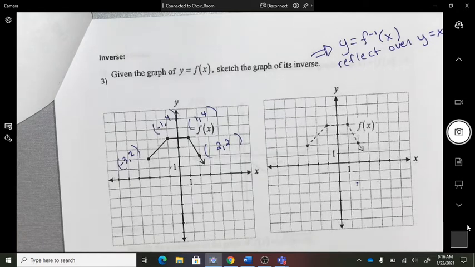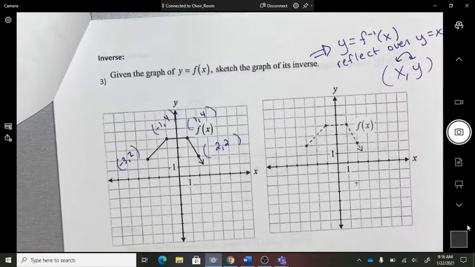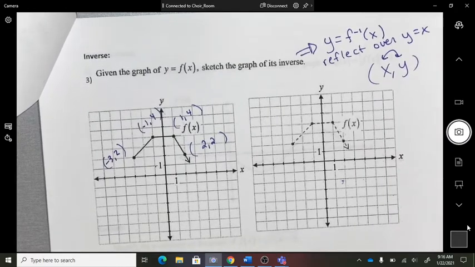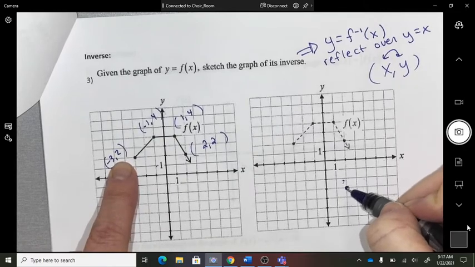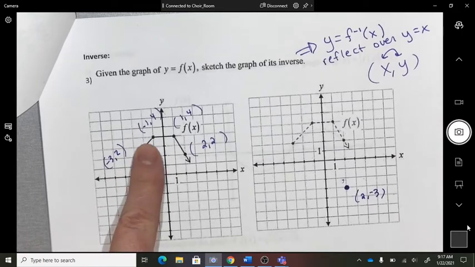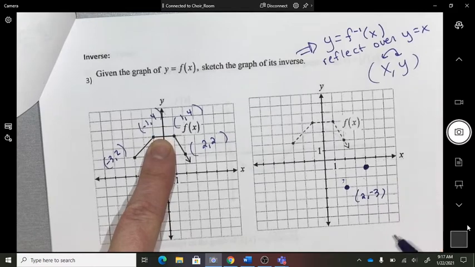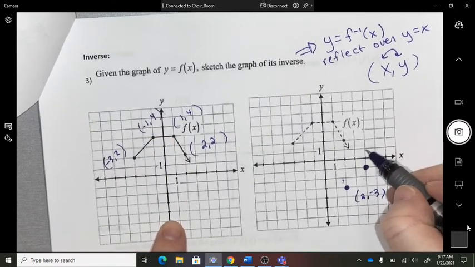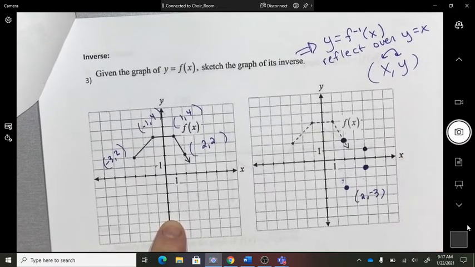You take the coordinate and then you, remember that? You flip-flop x and y. That's all the inverse does. Changes the x, y. So you need to have 2, negative 3. You need to have 4, negative 1. 4, comma 1. And 2, comma 2.